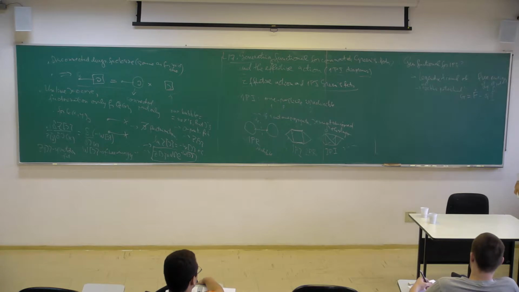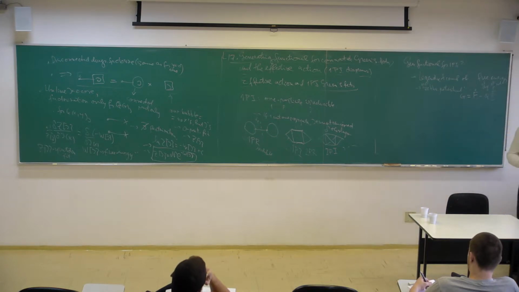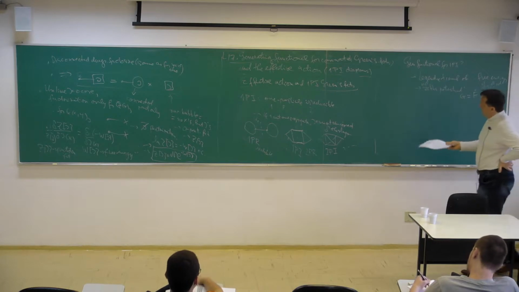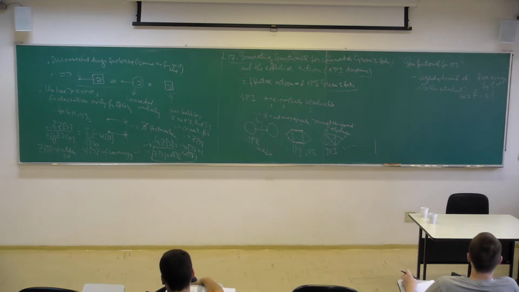And so the Legendre transform is a Gibbs potential. Right? So that's the kind of thing that we want to do for the free energy in our quantum field theory.